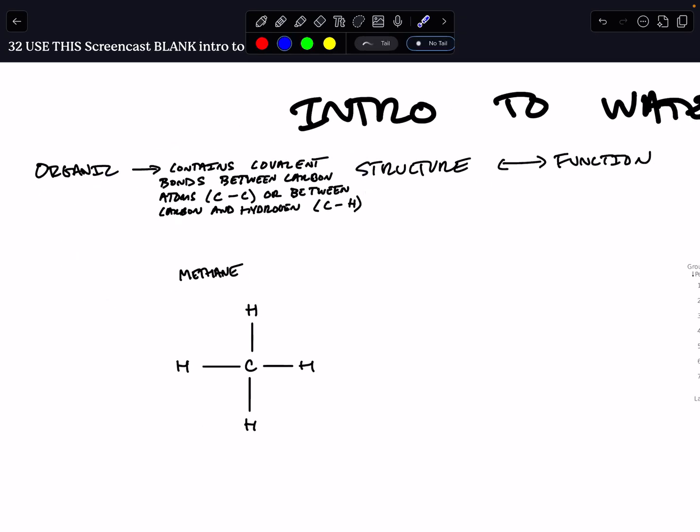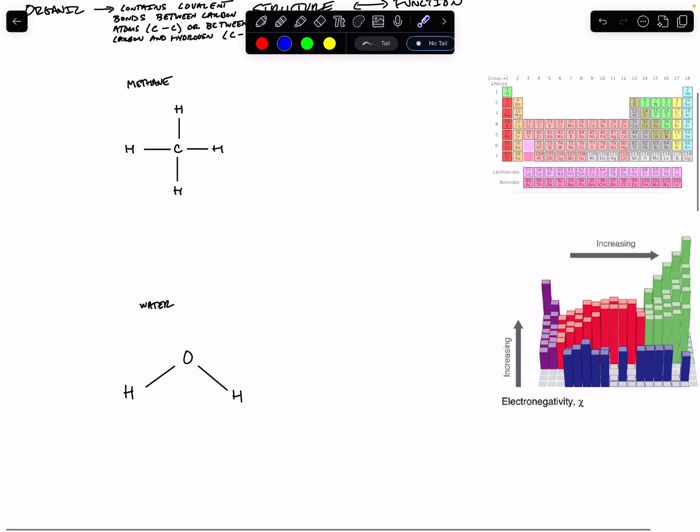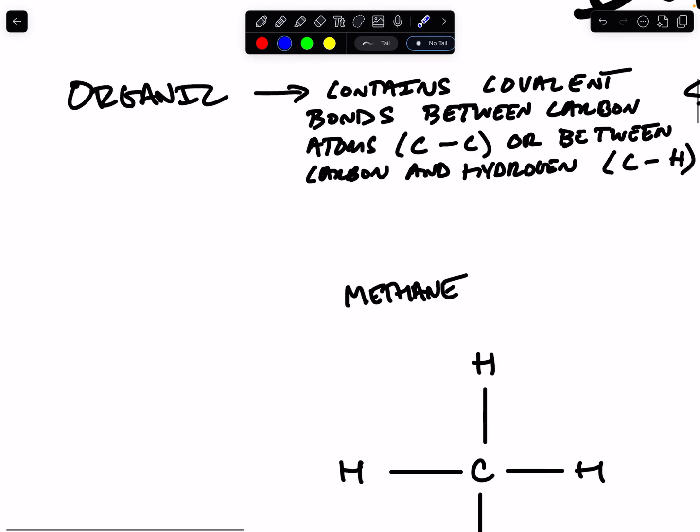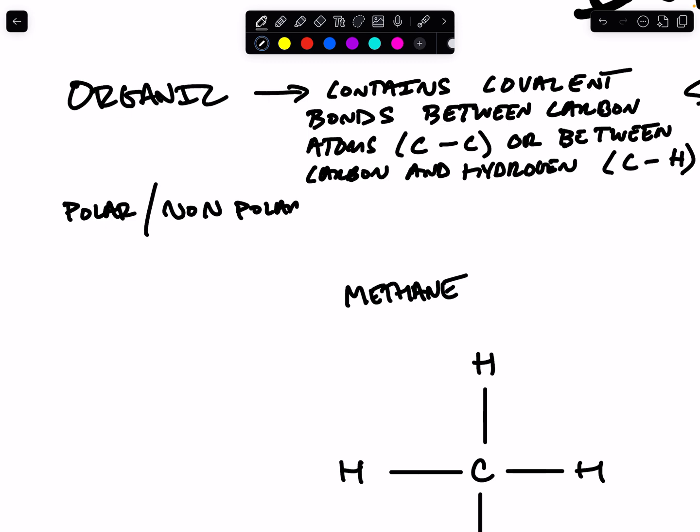Okay, so we're going to look at two different compounds, methane and water, and we're going to be talking about whether or not they're organic, and then we're also going to be talking about whether they are polar or nonpolar. Nonpolar means that the molecule is totally neutral all the way across.